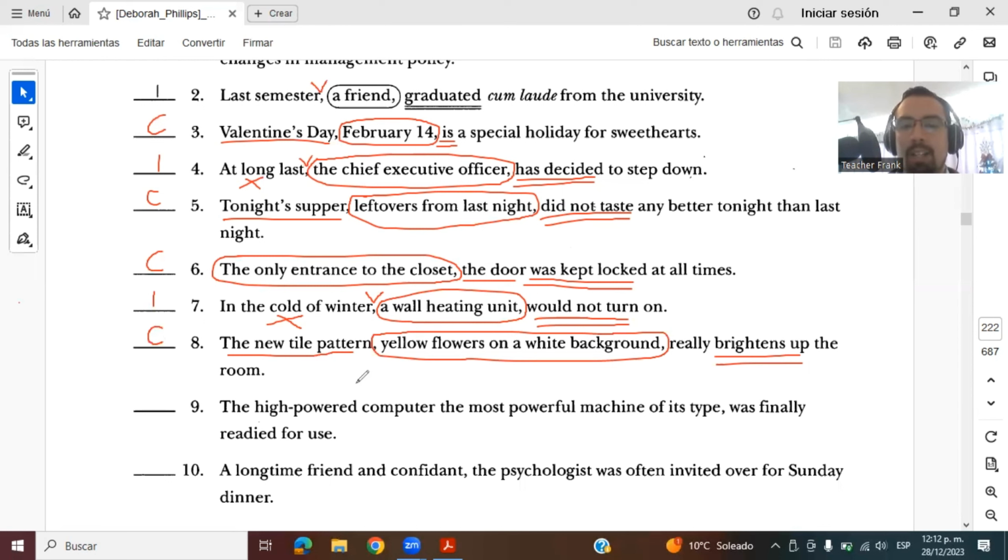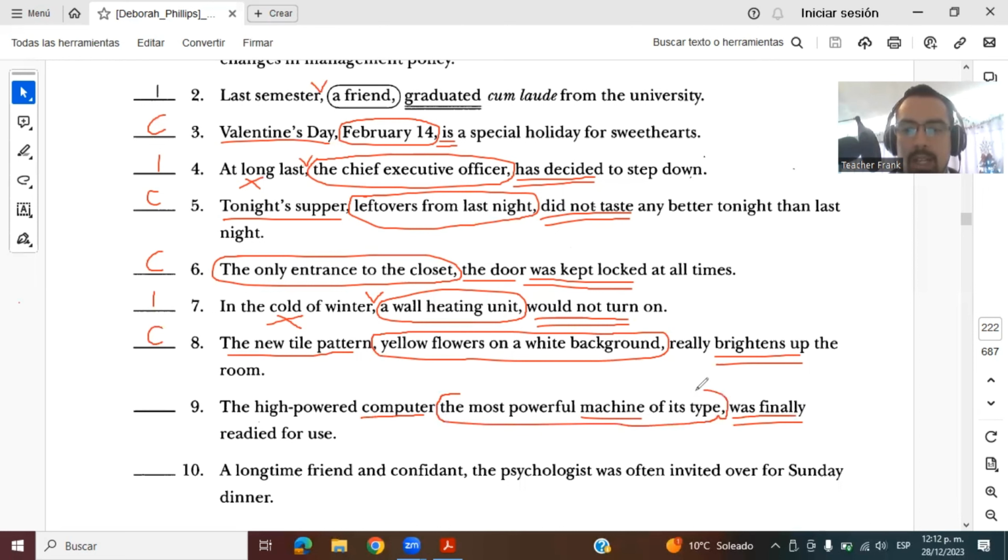Now let's check number 9. "The high-powered computer, the most powerful machine of its type, was finally readied for use." So was readied for use is my verb structure. And here we have a mistake because we do have two nouns, machine and computer, but I want to say that this was the intention to put as the appositive, right?